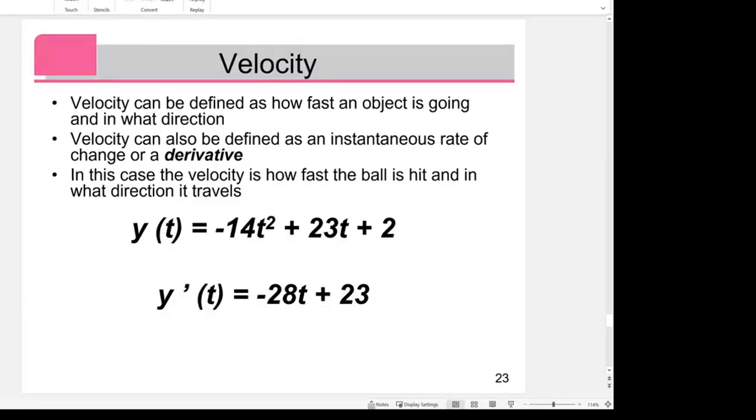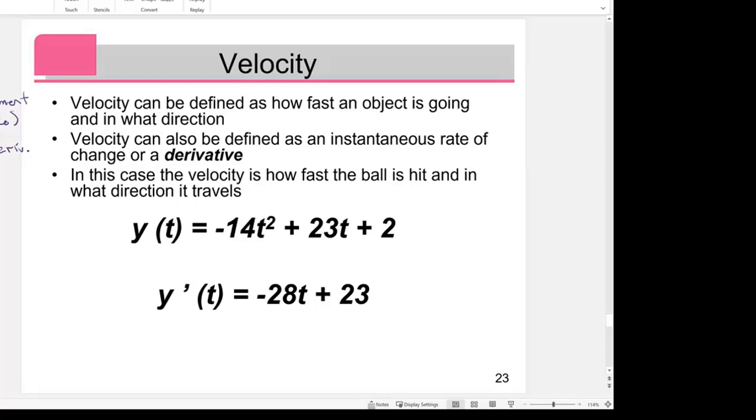So they're giving me this formula for distance. If we start with distance, and we saw this on the graph, velocity now is the derivative of distance. So let's say I start here with displacement, and I take the derivative.